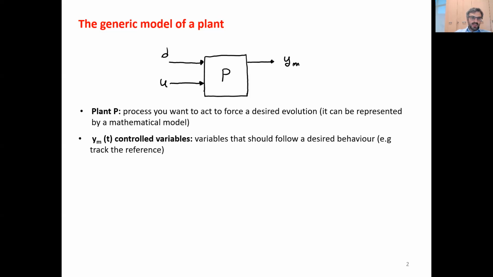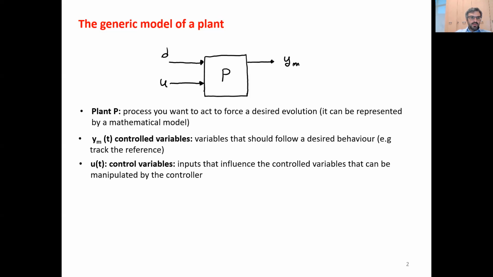Then the output of the plant is our controlled variable, ym, and these are the variables that should follow the desired behavior. For example, track a position reference. So in this case, if you want to control the position, the controlled variable will be the angular position of the link. And u is the control variable.